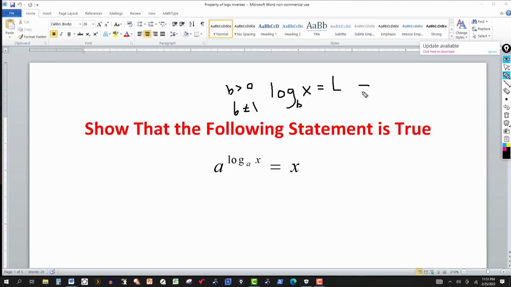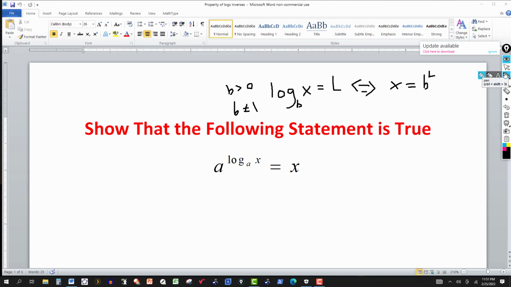So this implies, and it goes back the other way also, that x has to equal b to the L. So if you have this log expression, you can write it as an exponential, or if you have an exponential, you can write it as a log. Either way. And you use this a lot when you're solving logarithmic equations.